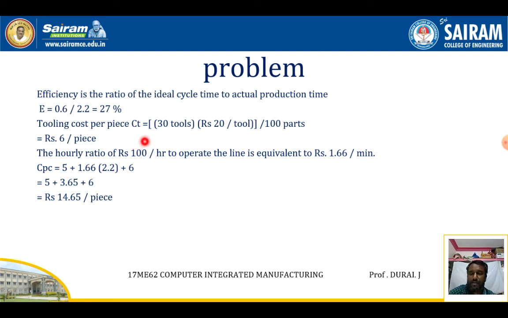Tooling cost per piece, CT, is equal to 30 tools times, if you apply this formula, you get 6 per piece. And finally, finding the CPC, the cost per piece, equals 5 plus 1.66 times 2.2 plus 6. Finally we get 14.65 rupees per piece.